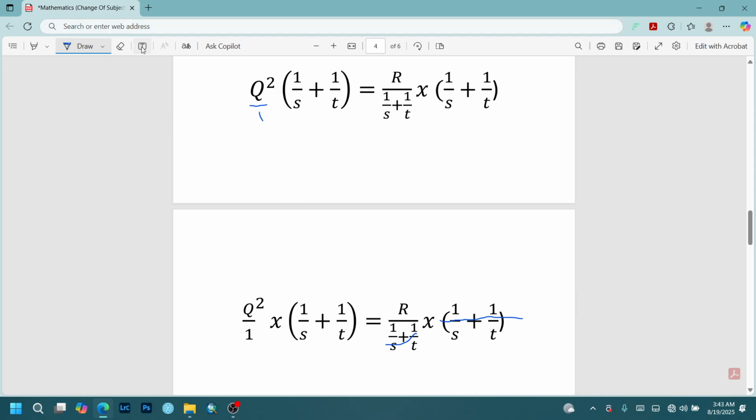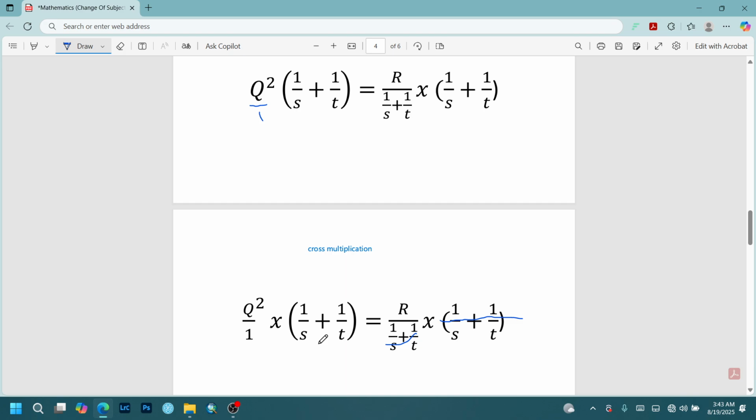Okay, so you have to cross multiply, right? Cross multiplication. Okay, so here, when you are cross multiplying, let's take this fraction 1 over S. This 1 here is the numerator and this S here is the denominator, right?